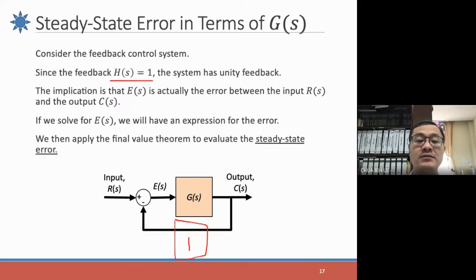The implications are very similar. We express the error first, and then from the final value theorem, we evaluate or estimate the steady state error.